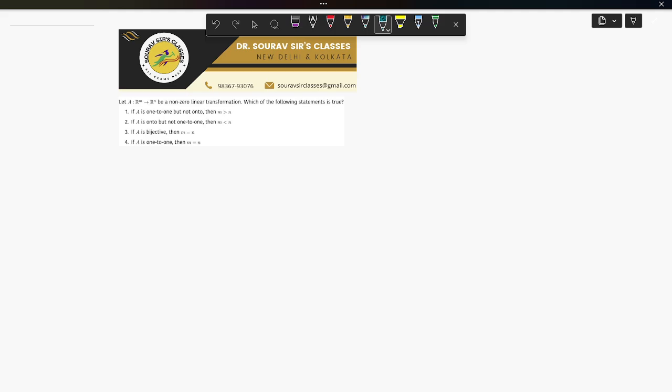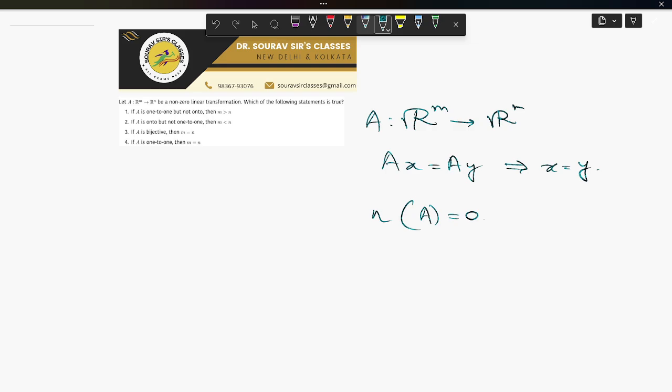So a linear transformation, let us call it A, from R^m to R^n, is injective if Ax equals Ay implies x equals y. This means the null space of A is trivial. That means the nullity of A is equal to 0.